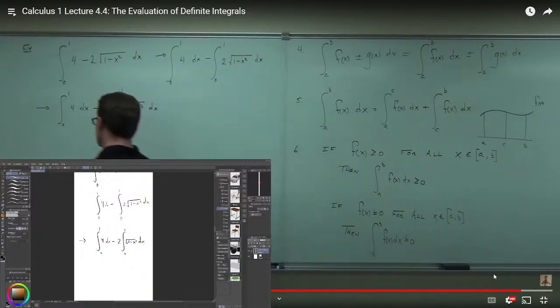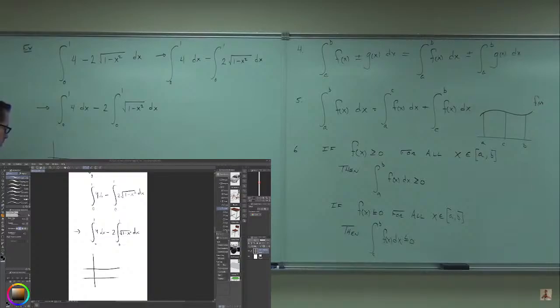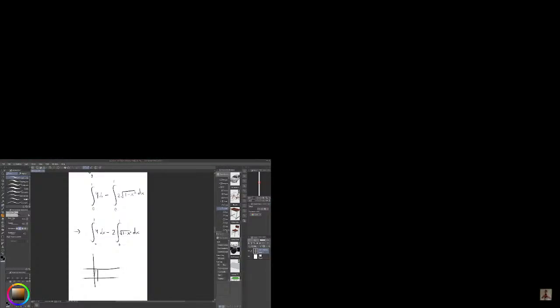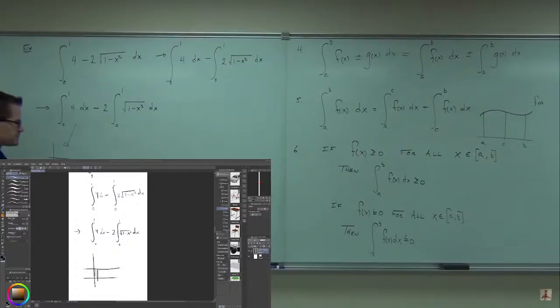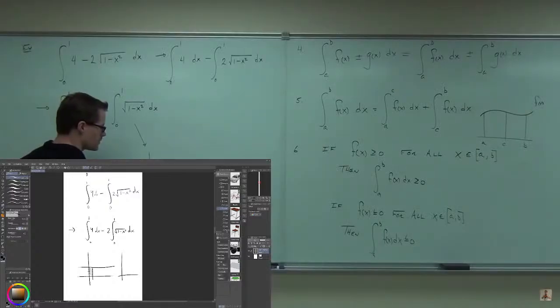So what this says is four, 0 to 1. What this one says is a quarter of a circle.